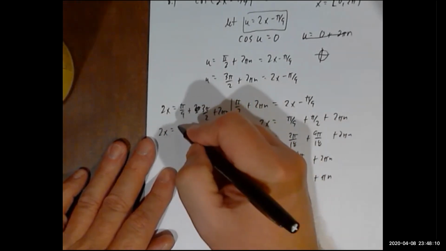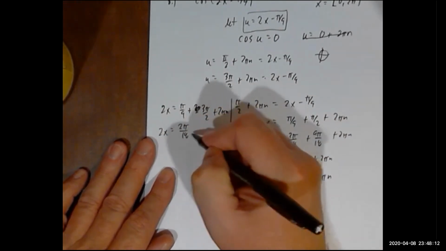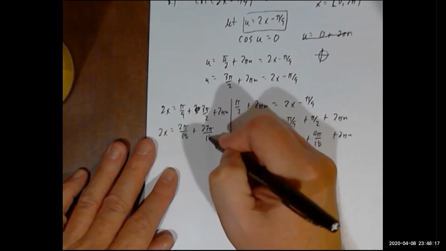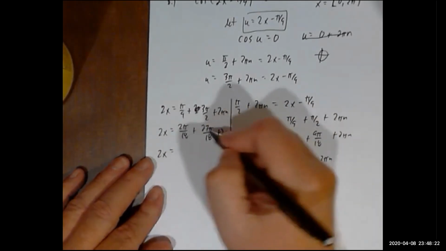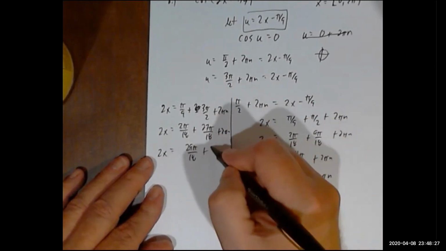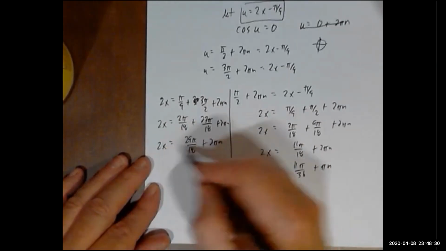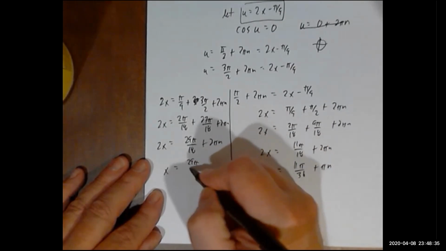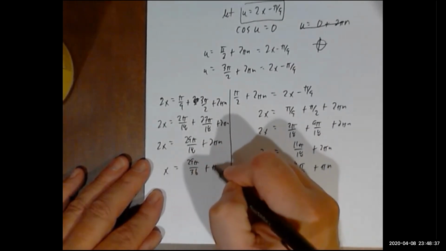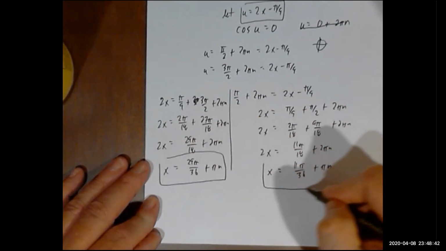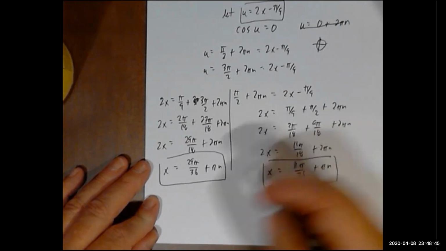Common denominator of 18, 2 pi over 18 plus 27 pi over 18 plus 2 pi n. So this is 29 pi over 18 plus 2 pi n. Now divide both sides by 2. Over here I get 29 pi over 36 plus pi n. So those are now my two solutions for x.